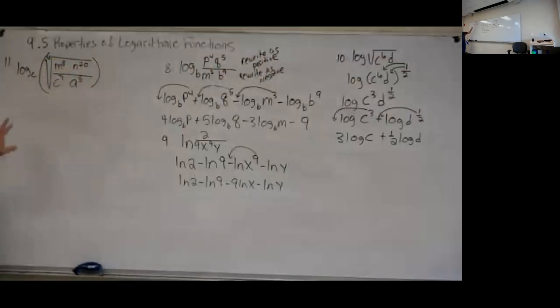So I'm going to rewrite it with the radical gone for my first step. I'm going to bring down the log base C. I'm going to keep everything in parentheses still: M^8 N^20 divided by C^7 A^5.